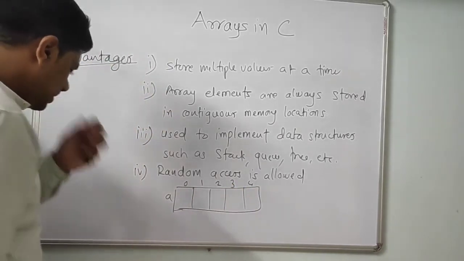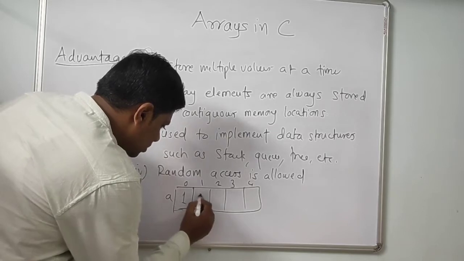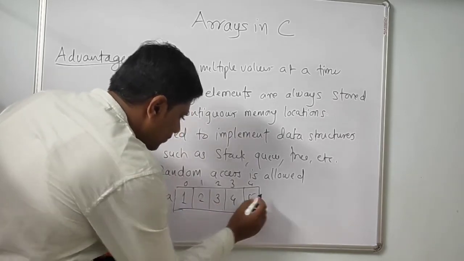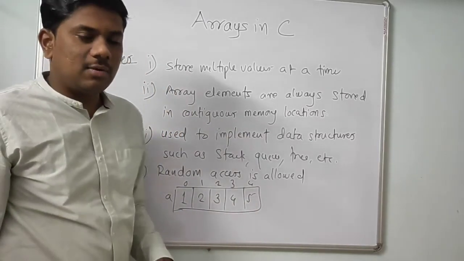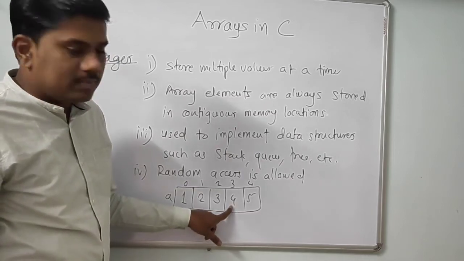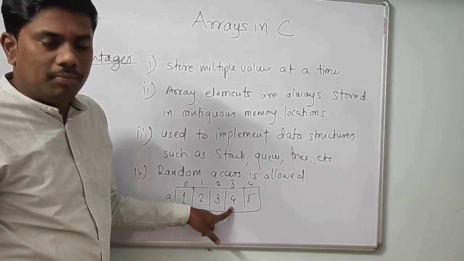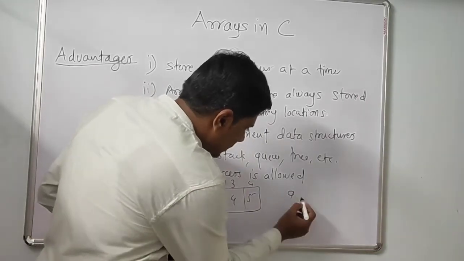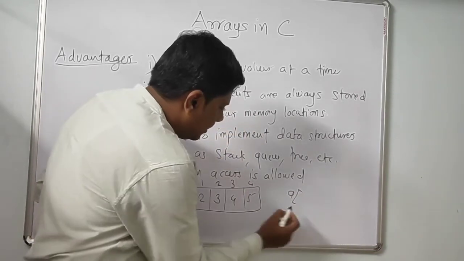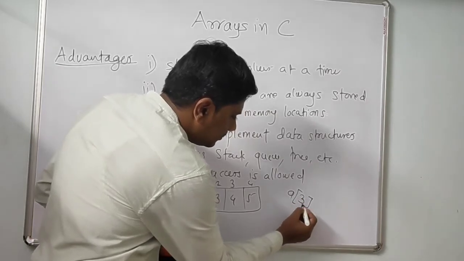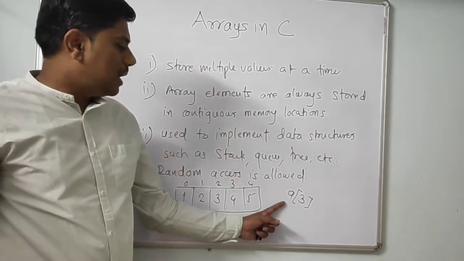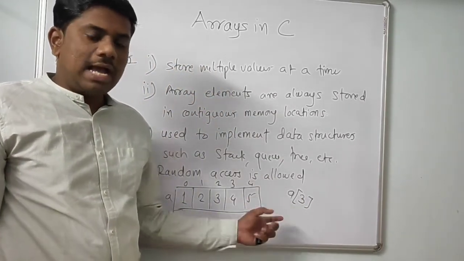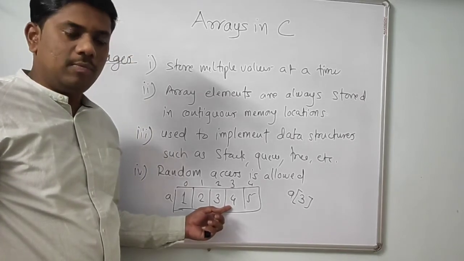Consider these are the elements 1, 2, 3, 4, 5. Suppose I want to retrieve 4, then I can simply use the name of the array, square bracket and then index 3.